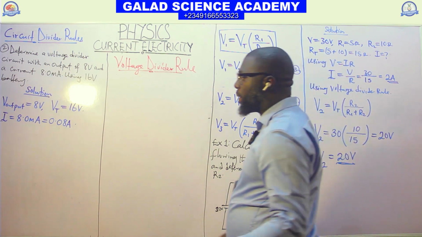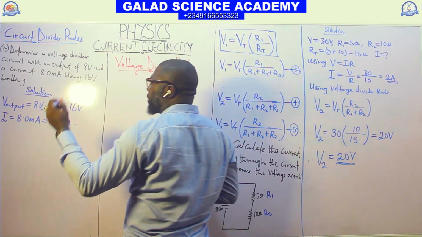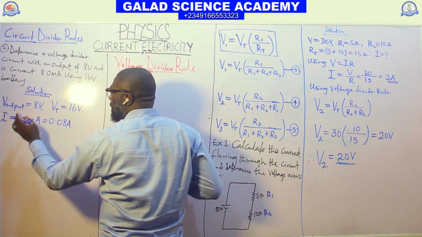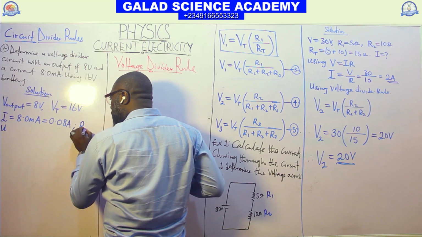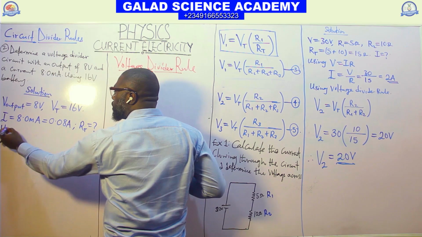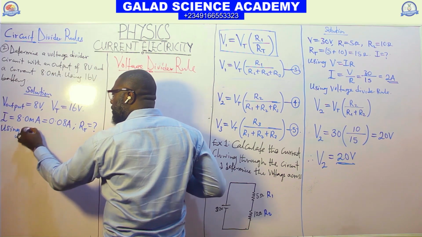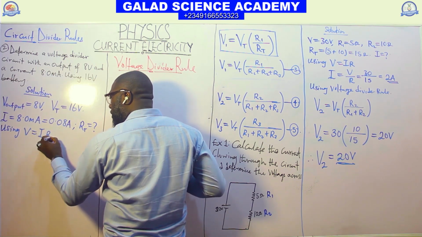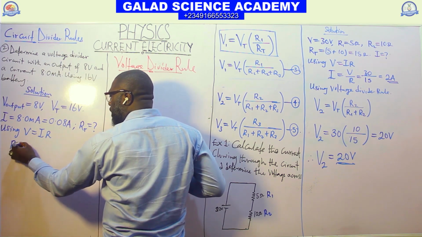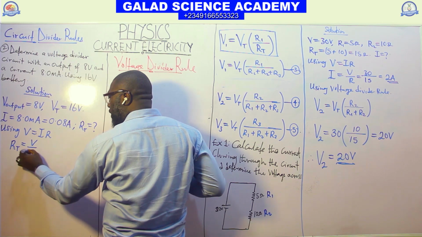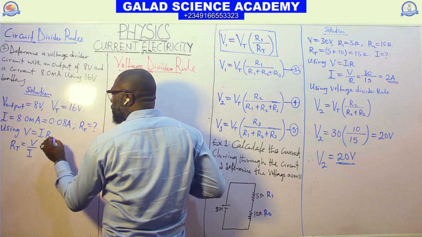So we can know our resistor by using V equal to I R. So the resistor, which is R total, will be V over I. What is V from the question?